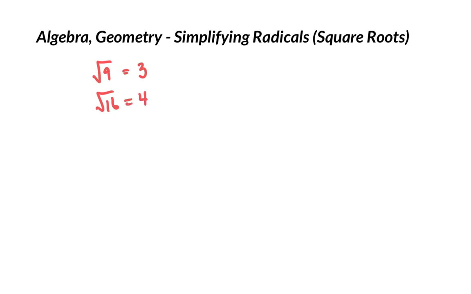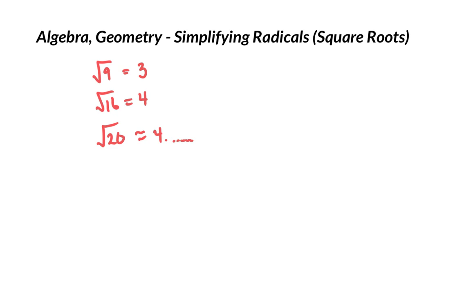But what about something like the square root of 20? Now, 4 squared is 16, 5 squared is 25, so it's approximately 4 point something, right? We should be able to estimate it using the perfect squares around it.